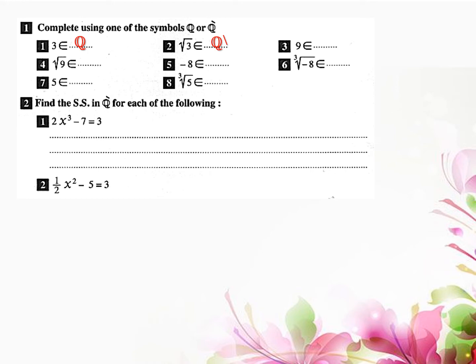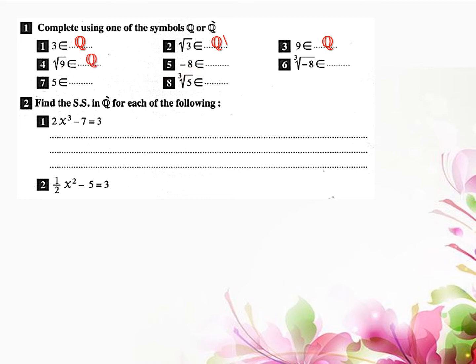Number 3, 9 is an integer, and the set of integers are rational numbers. Number 4, root of 9. 9 is a perfect square number, then square root of 9 equals 3. So square root of 9 belongs to Q, rational number.